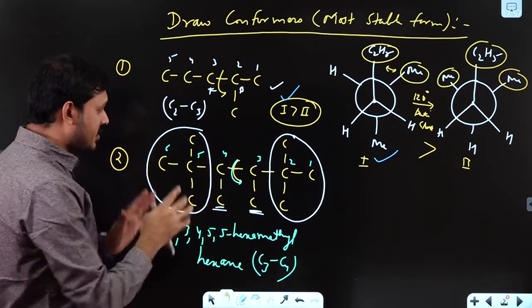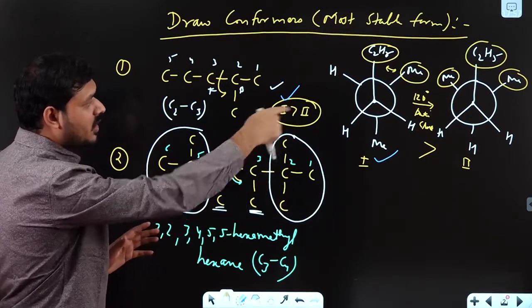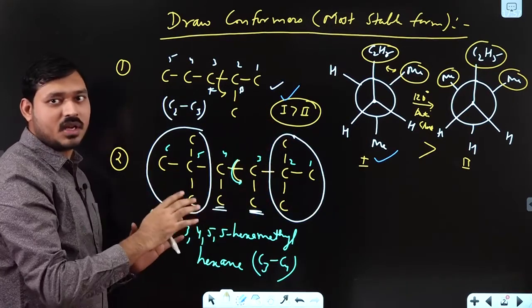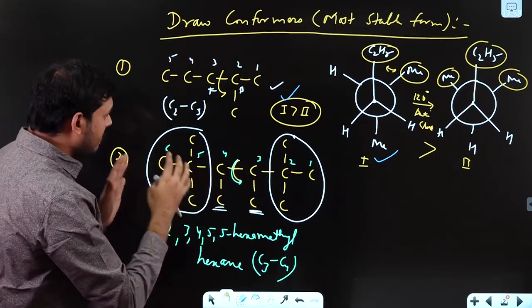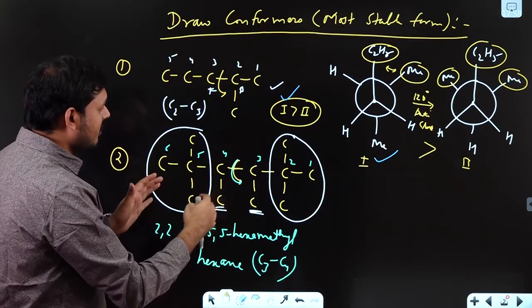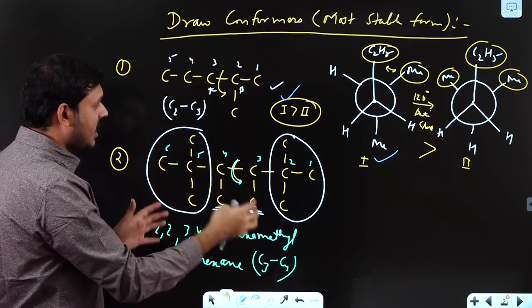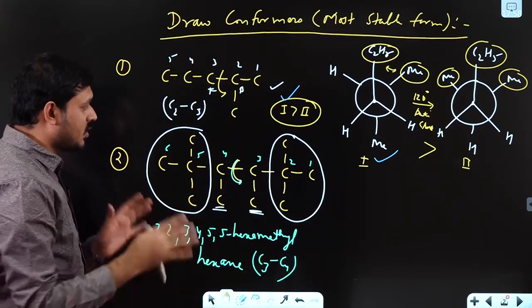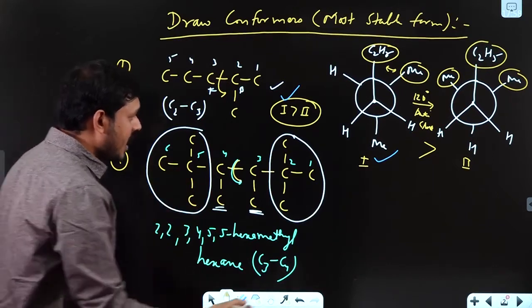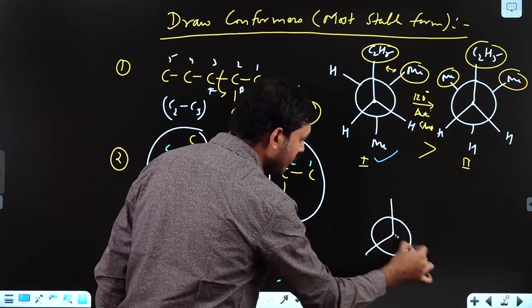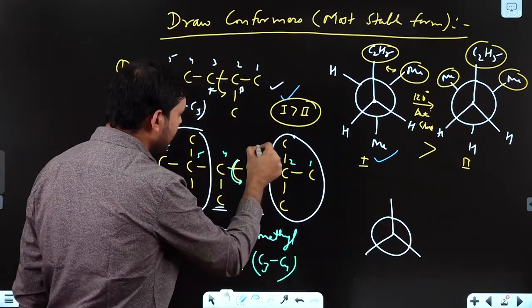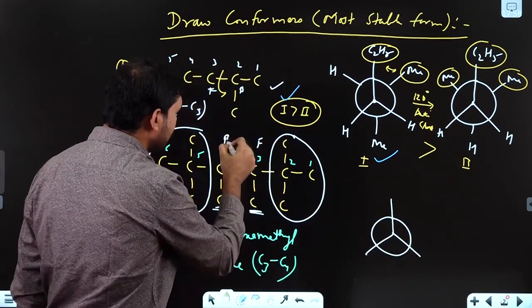So in such questions, either you can draw both the cases or all 3 or 4 cases, whatever is possible, or you can first imagine in your mind what the possible cases are and which will be the most suitable case. So from observation, I can say the best possible case will be this. Suppose I make C3 the front carbon and C4 the back carbon.